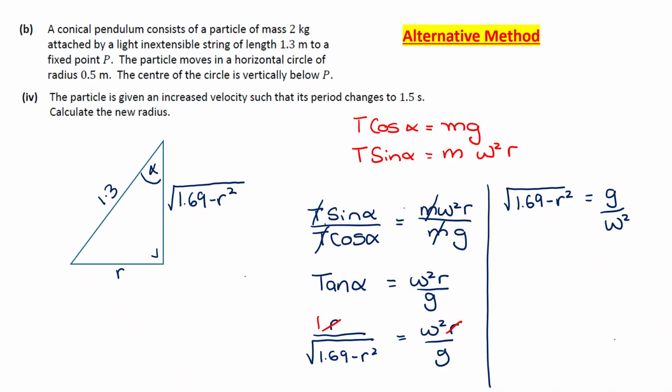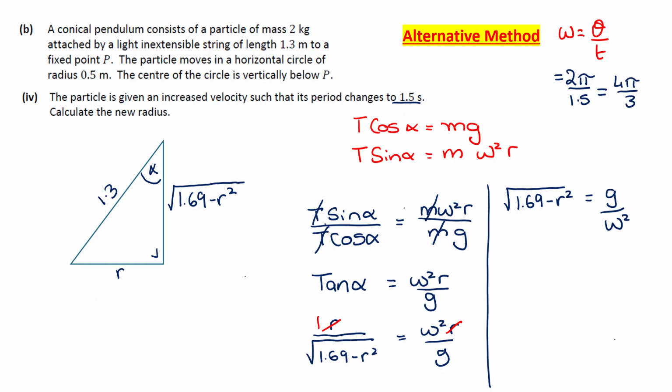So you can sub in your g at this point. We're going to need to get our omega. So let's go back to that idea of omega is equal to theta divided by t. Because we were given, remember, the period here of 1.5, that's going to be 2 pi divided by 1.5. That gives us 4 pi over 3.